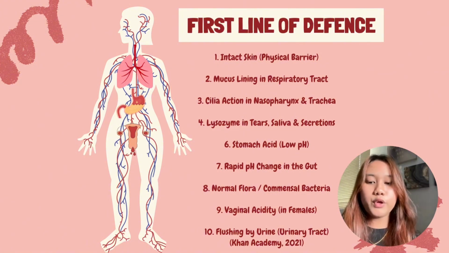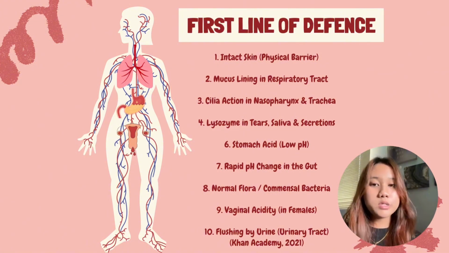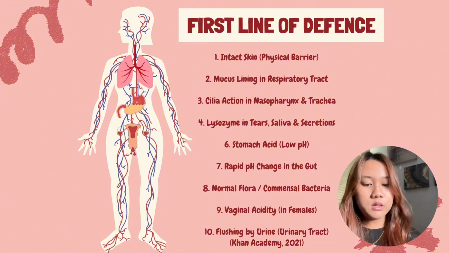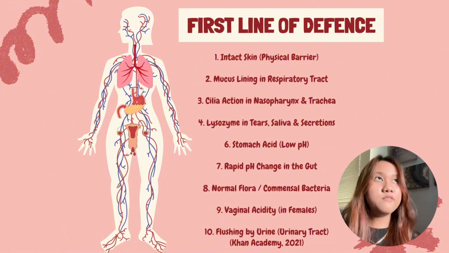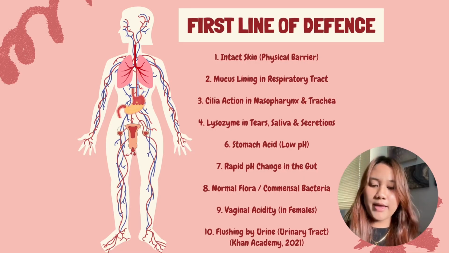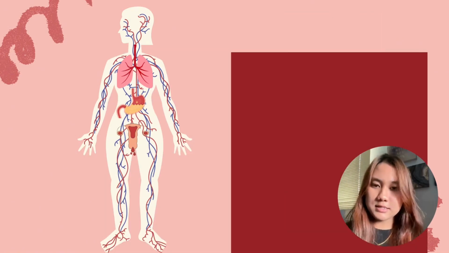Number 8, normal flora and commensal bacteria. Good bacteria usually live on the skin and in the gut, competing with harmful microbes for space and nutrients. This makes it harder for pathogens to grow and cause disease.